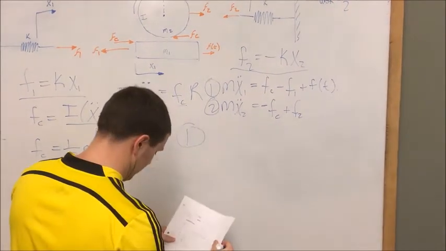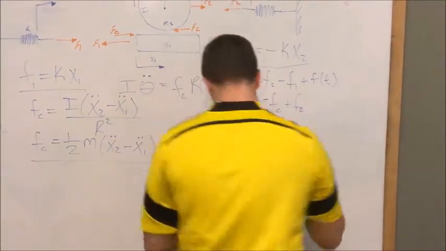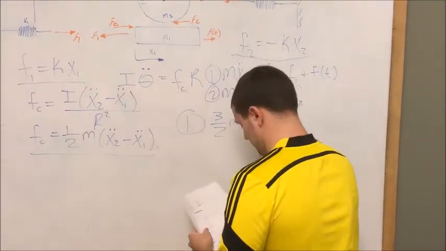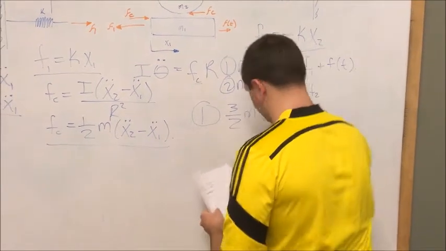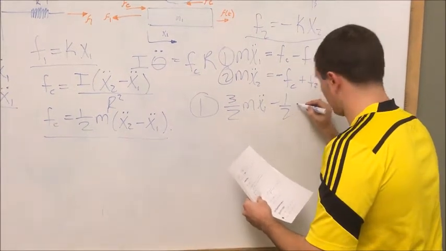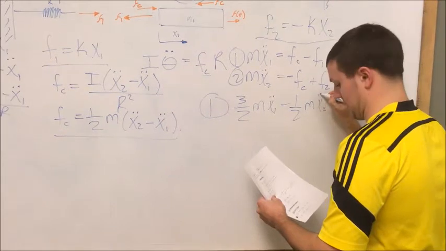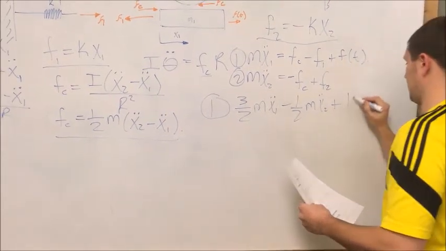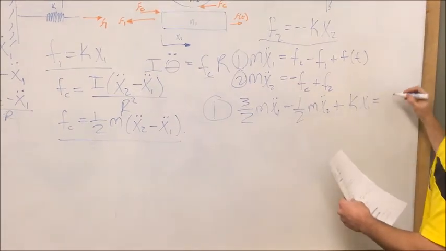Number 1 is going to be 3/2 m x1 double dot minus 1/2 m x2 double dot plus k x1, and that is going to equal the forcing, which is F of t.